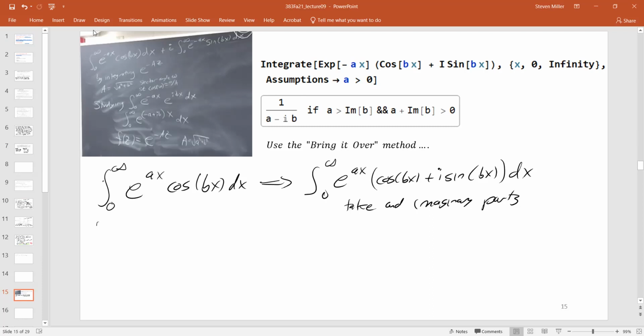Yeah, so you could basically integrate by parts. Want to guess how often? Twice. And then bring it over. So if you do that, you can actually figure out what the integral is. It is basically a Laplace transform.